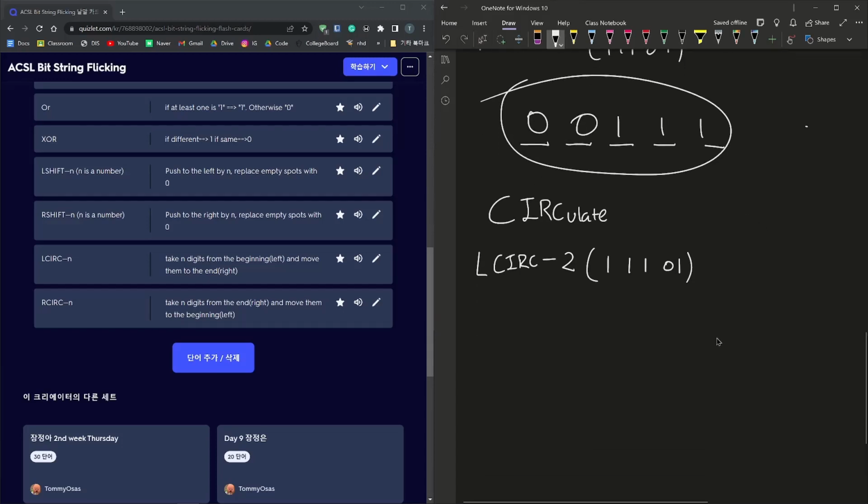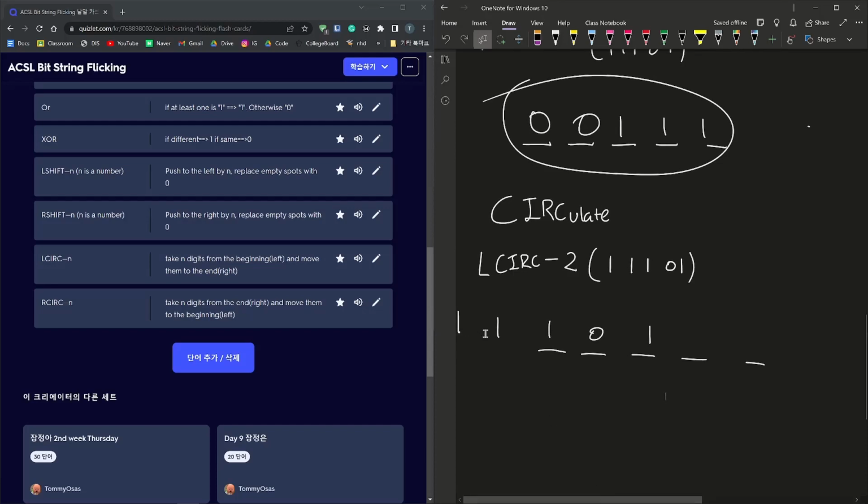Okay, so first what we're gonna do is shift by 2. 1 2 3 4 5, 1 1 1 0 1. Let's do the same thing as L shift 2. We have 1 and 2. This time we are not going to delete these two for being out of their seats. Instead, we're going to move these two to the end. So in L shift, these two are supposed to be 0.